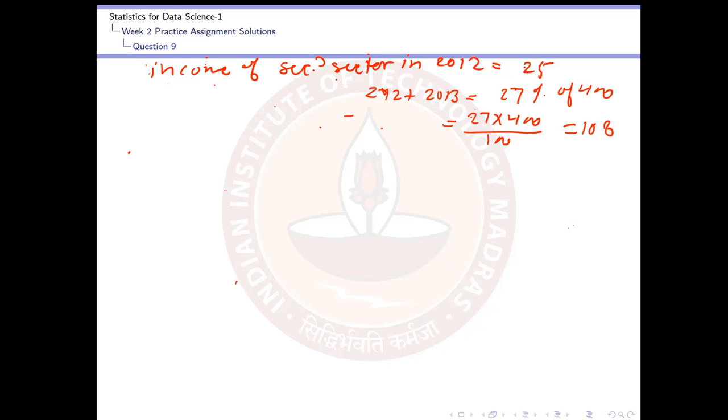So income from the secondary sector in 2013 will be 108 minus 25. That is your 83.